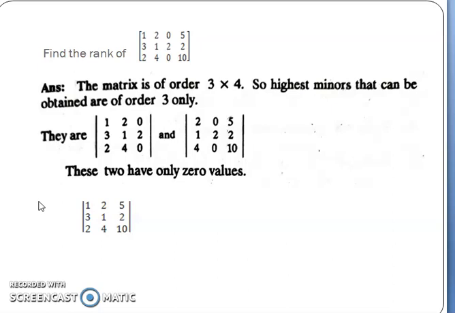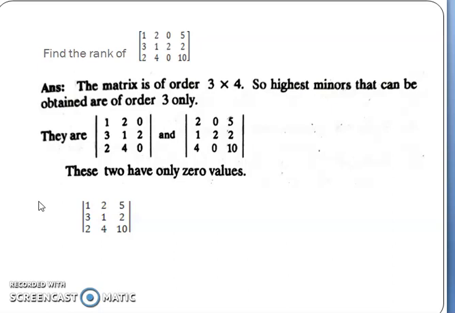The minors are 1 2 0, 3 1 2, 2 4 0; and 2 0 5, 1 2 2, 4 0 10; and another minor can be formed: 1 2 5, 3 1 2, 2 4 10. These are all of order 3. These minors have values 0.